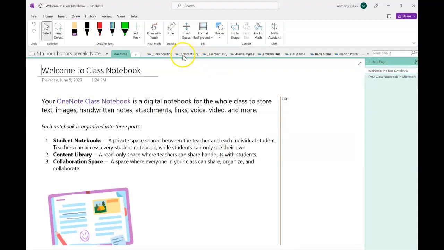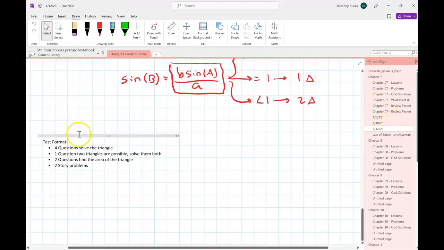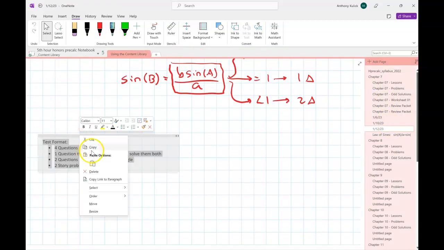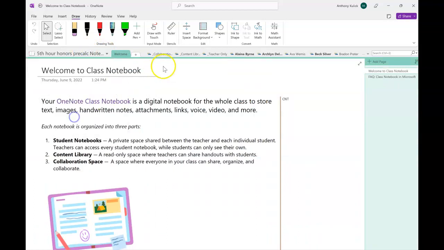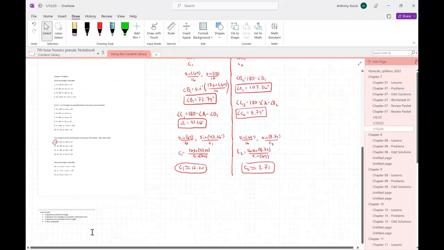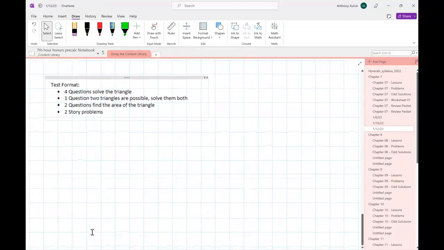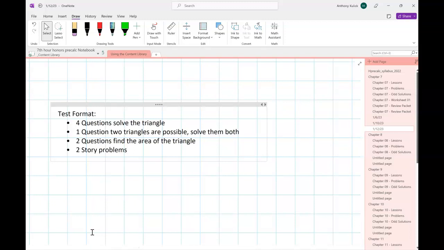Okay, let's talk real quick about the test format. So this is the format for the test. The first 4 questions are just asking you to solve the triangle.